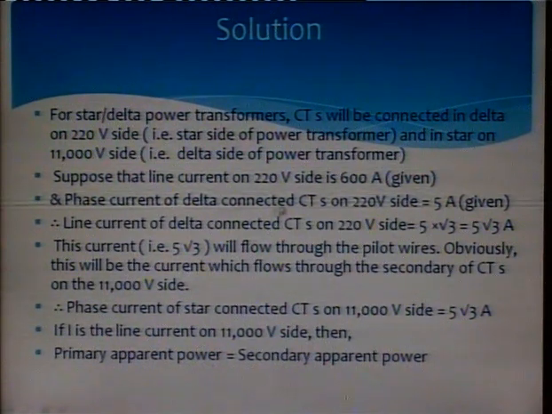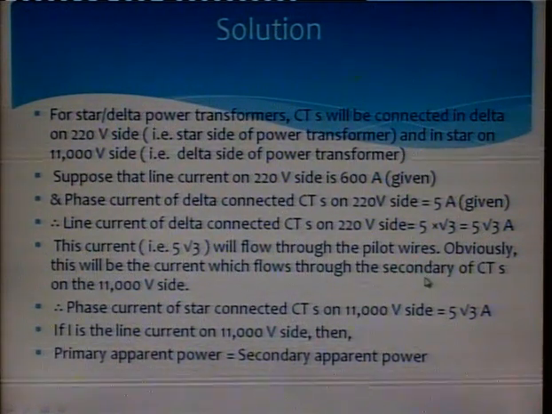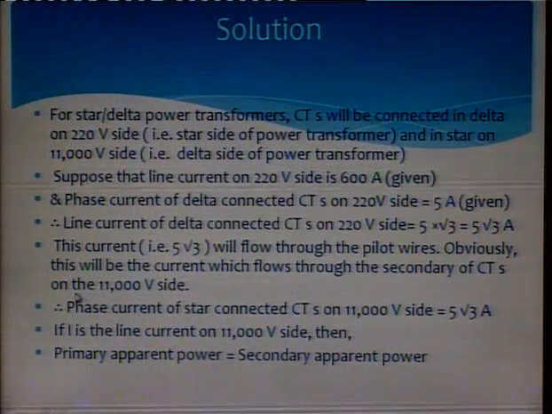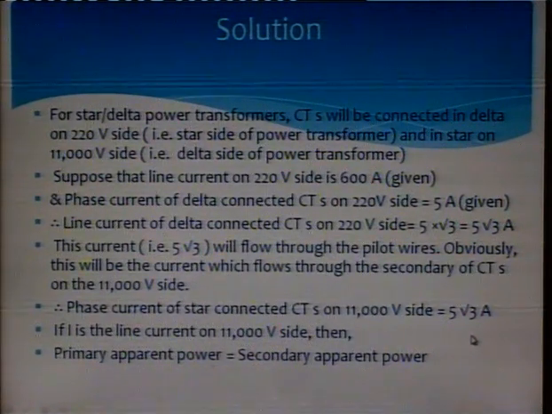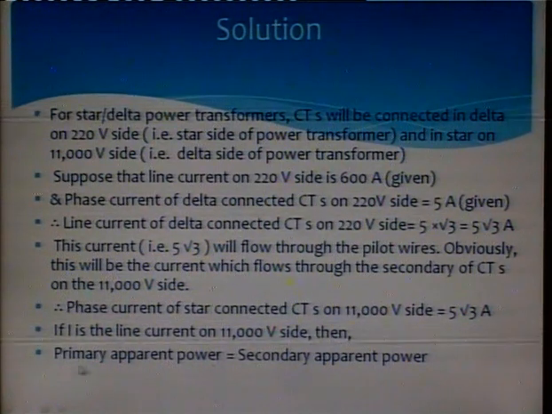We know that I_L equals root 3 times I_P, so this is 5 root 3 ampere. This current will flow through the pilot wires, and obviously this will be the current which flows through the secondary of the CTs on the 11 kV side. Therefore the phase current of the star connected CT on the 11 kV side is 5 root 3 ampere.